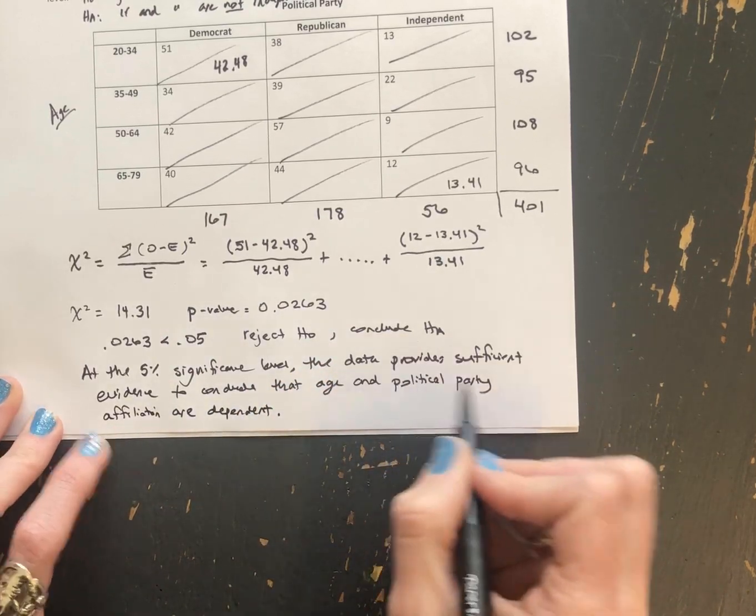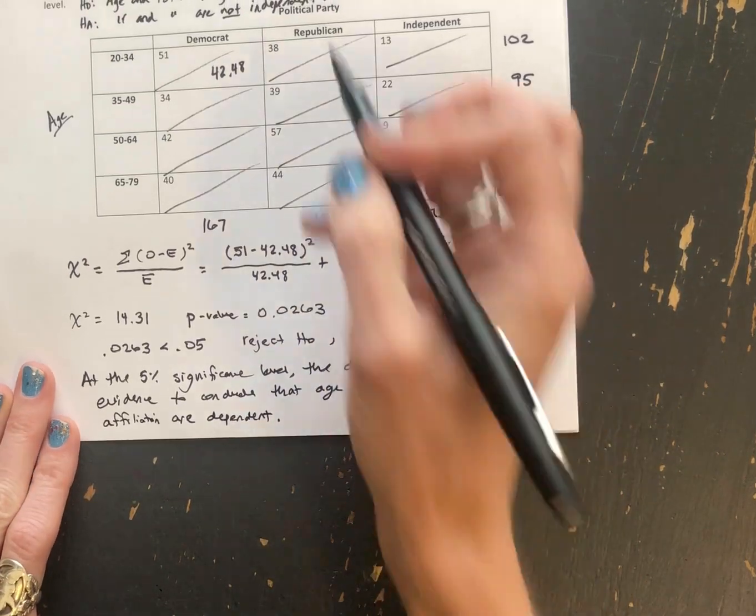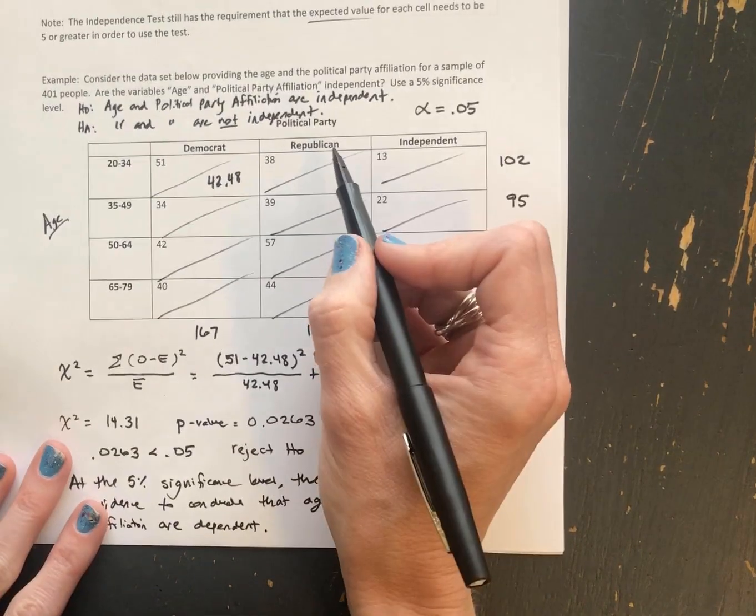I'm going to say there is sufficient evidence to conclude that they are dependent, right? We rejected the null that they were independent.